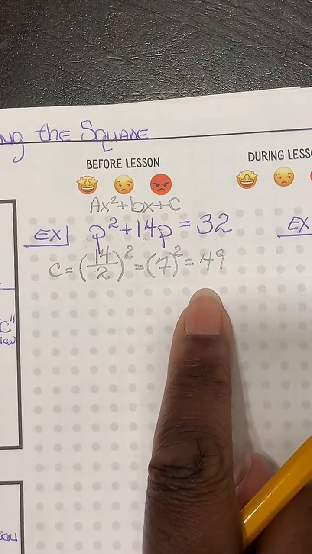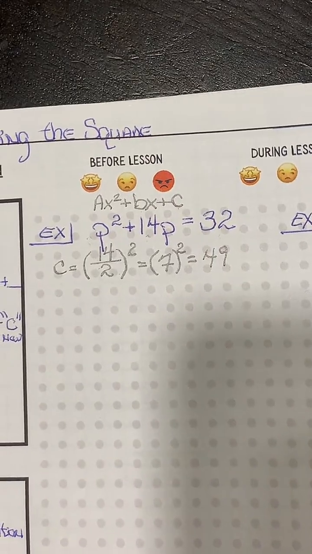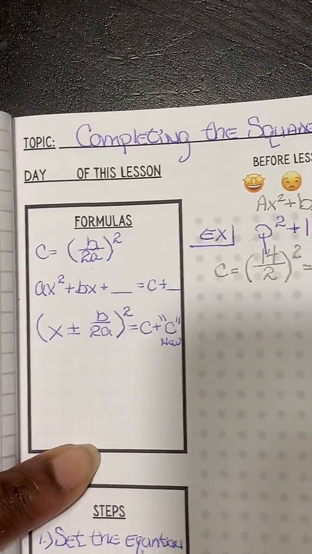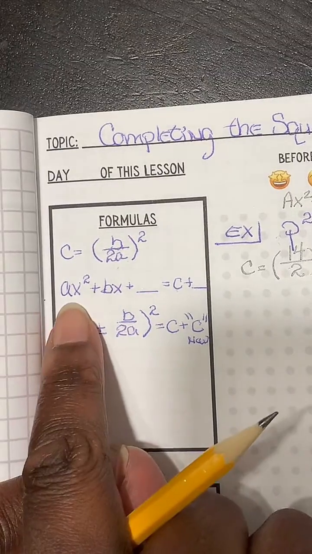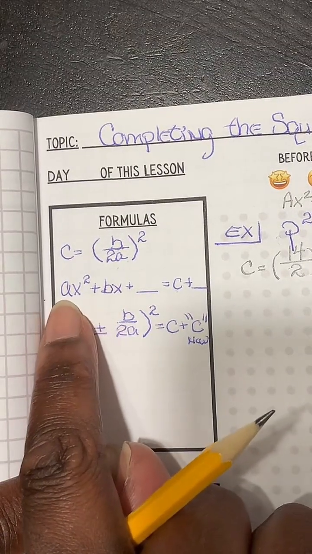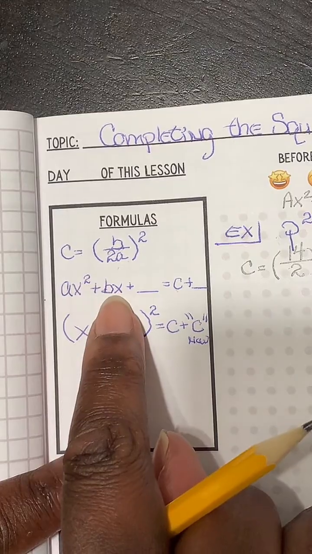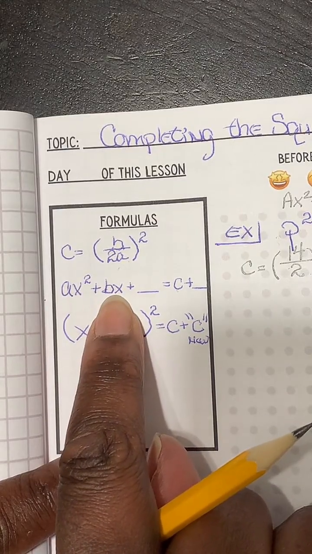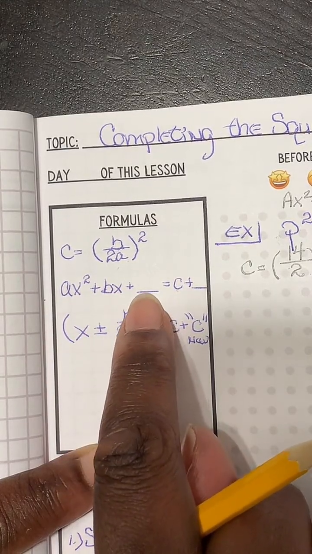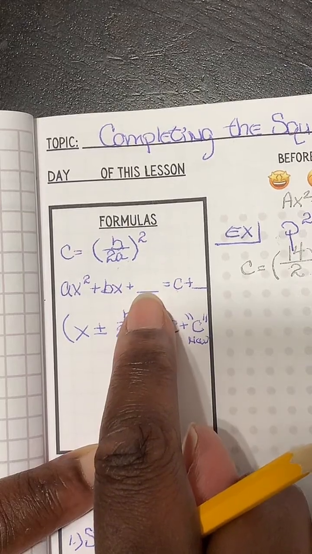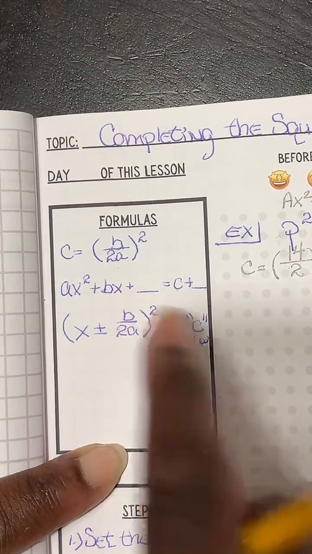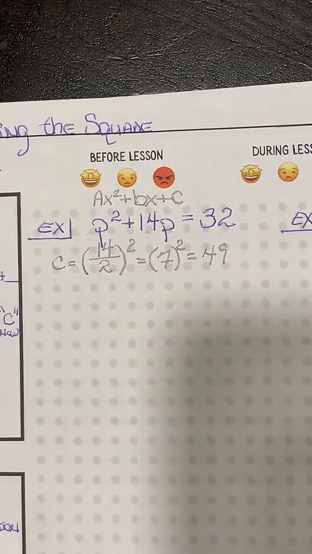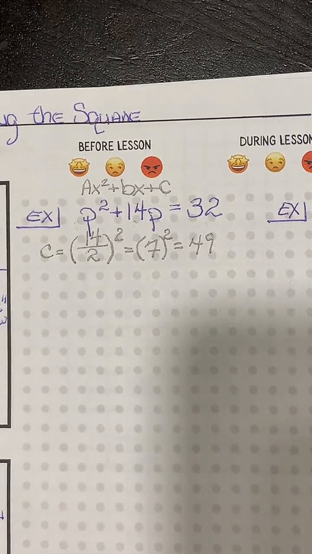So if you notice my setup, let me see if I can slide this over a little bit. I'll give you the basic setup: ax squared plus bx, so that's the original, plus whatever your new c is. That's the one that we have in pencil. So it's going to look like this.